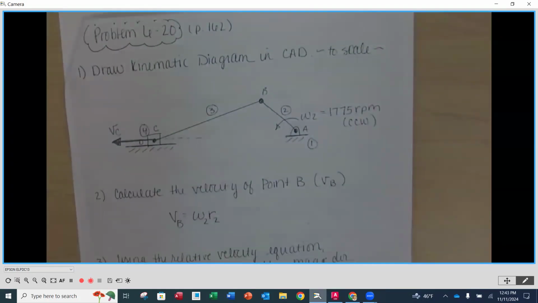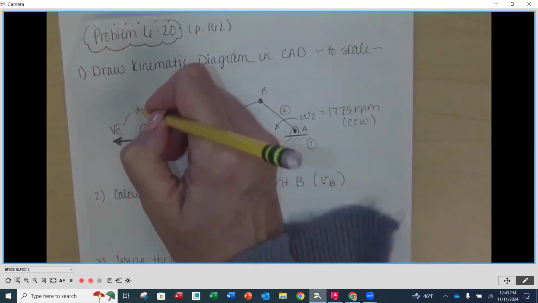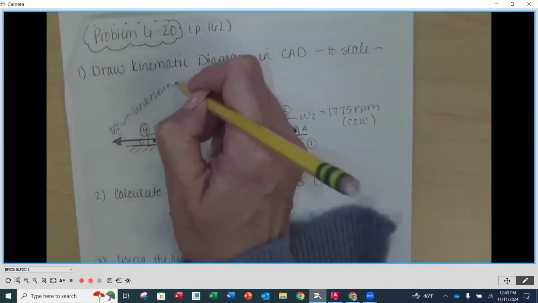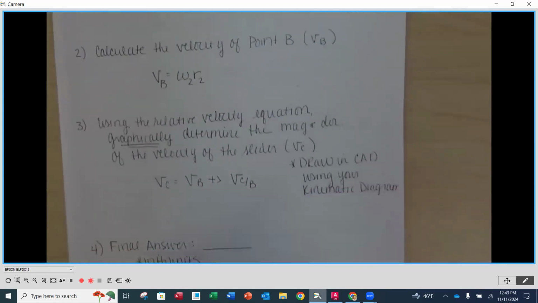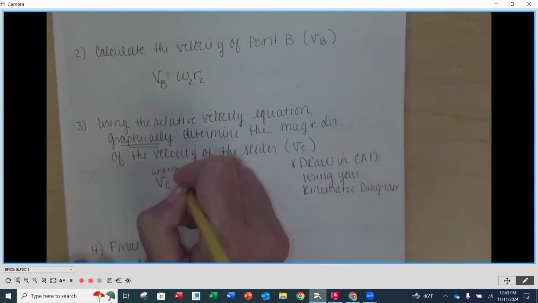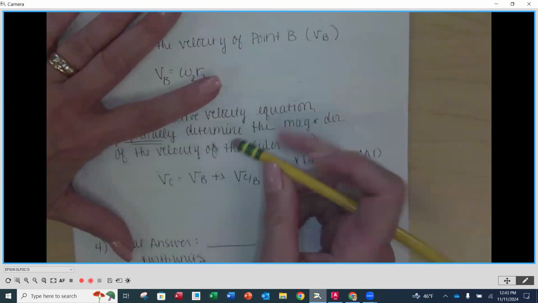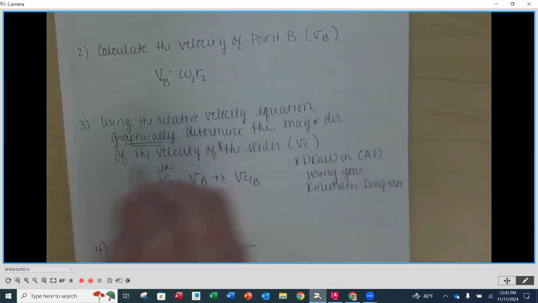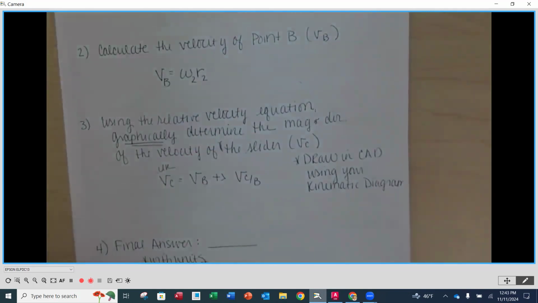We know its direction, but we don't know its magnitude. So velocity of C in this case is unknown. So when we look at our relative velocity equation, this is going to be our unknown. Let's see, I'm going to do UK. UK for unknown. Okay, velocity.